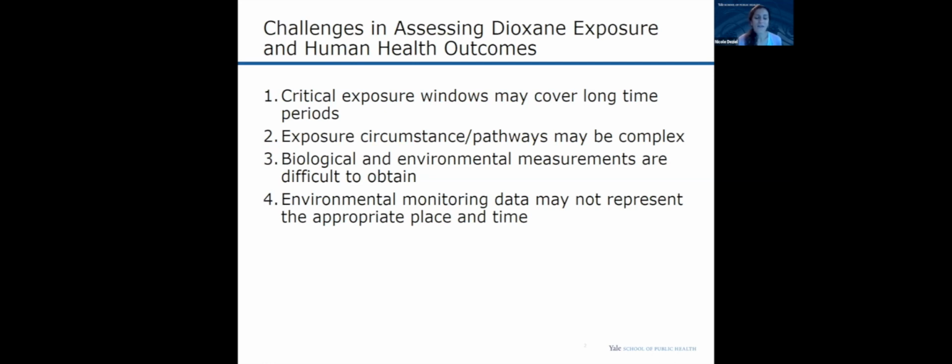There are some opportunities to obtain publicly available environmental monitoring data, such as from EPA, the National Air Toxics Assessment emission data, or monitoring data from the Unregulated Contaminant Monitoring Rule. But we have to really think carefully about whether these existing resources are going to have sufficient spatial and temporal resolution to be able to, again, appropriately assign exposures in a health study.